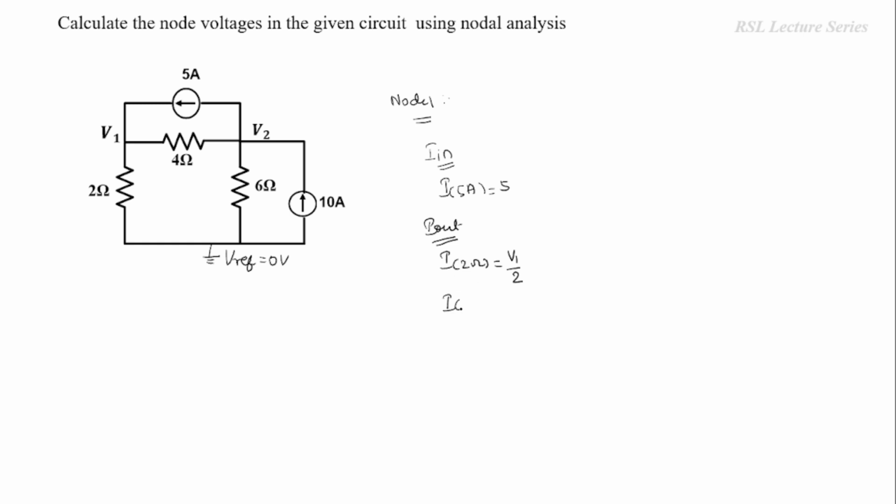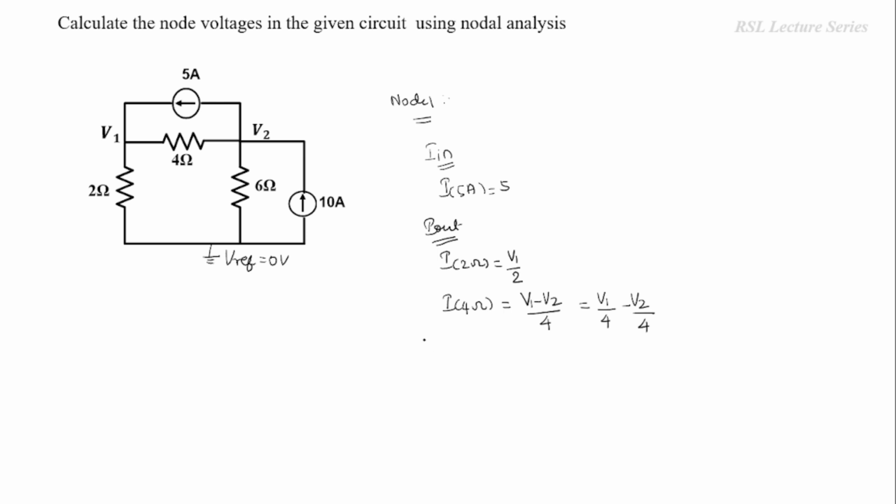Similarly, the current flowing through this 4 ohms resistor: it is connected in between node 1 and node 2. The net voltage across this resistor will be V1 minus V2 or V2 minus V1. While writing for node 1, we consider the voltage as V1 minus V2 divided by 4, which is equal to V1 by 4 minus V2 by 4.